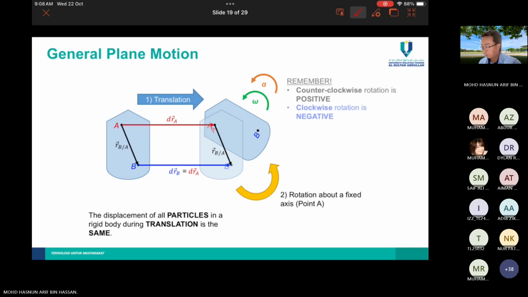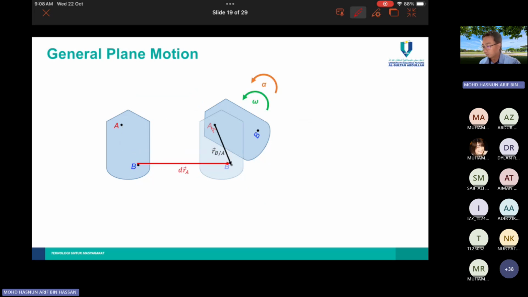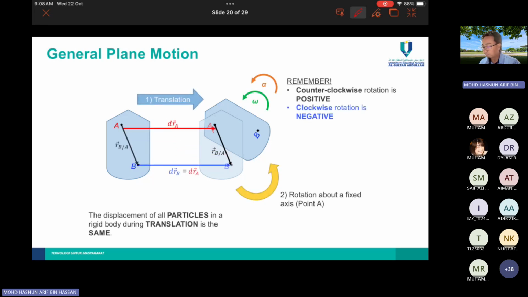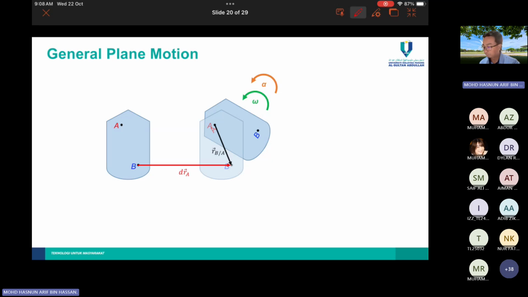Just for you to remember, counterclockwise or anti-clockwise rotation is always positive, like what we have discussed before, and clockwise rotation is always taken as negative. Okay, so now because the top position is the same as the bottom position, we can bring dRA down there. And that will be RB/A prime, the one that we did before.